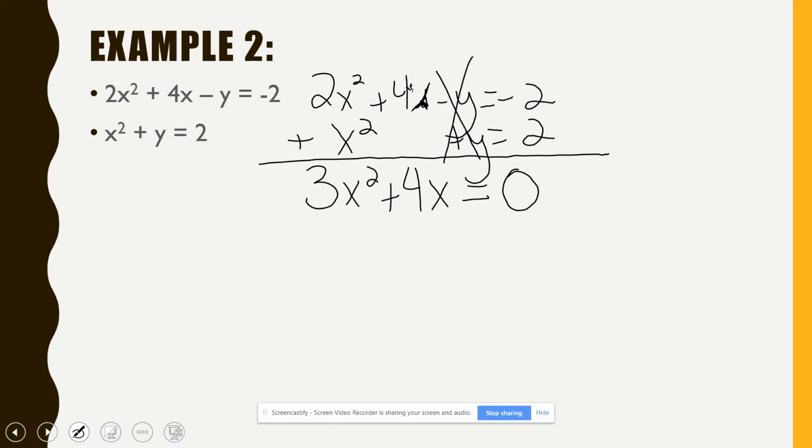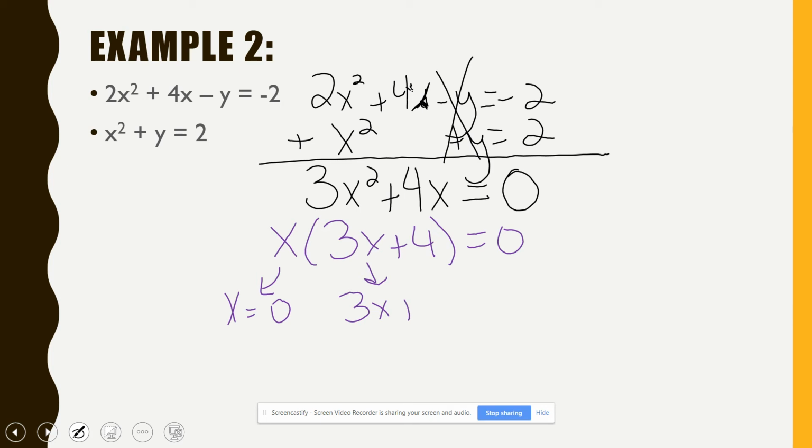Our first question is always, do we have a common factor that we can pull out? The answer is yes, they both have an x. That leaves us with x times 3x plus 4. Now we can set our factors equal to 0. Every x gets set equal to 0.